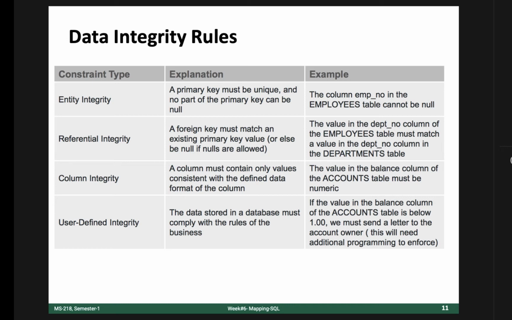I have to write 2, 3 only, because this column can only store integer values. So this is column integrity. And then user defined integrity is related to business rules. If salary cannot be less than, let's say, 50 euro per hour, then obviously you cannot employ someone and add his or her salary as less than 50 euro.